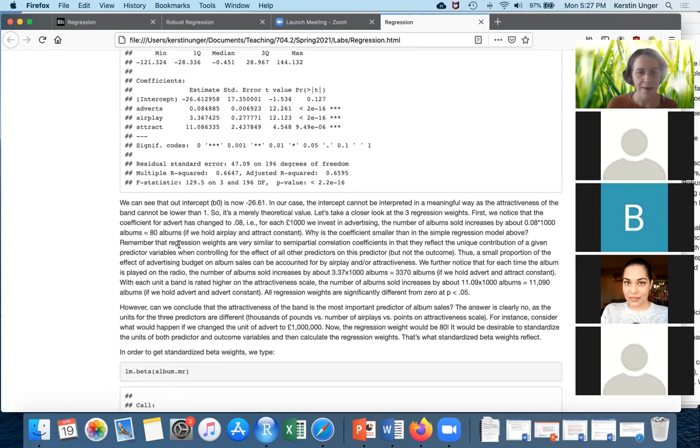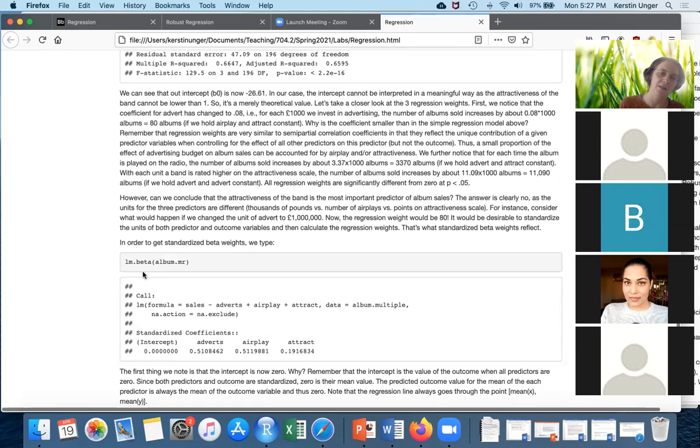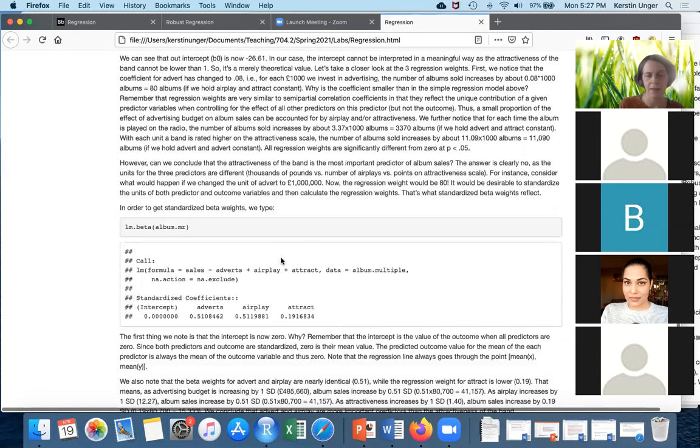If we do that in R, we need a package called lm.beta. Unfortunately, if I remember correctly, it used to be part of the base package, but it doesn't work anymore. So we really need this extra package. If you find a way to do it with a standard R base package, let me know.